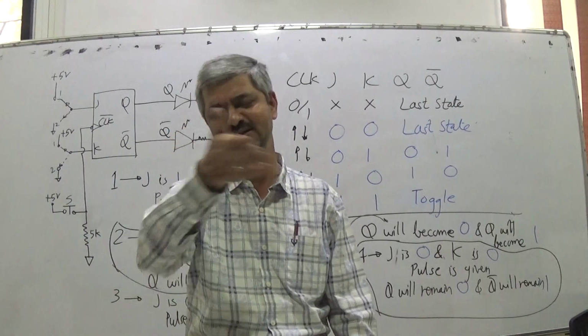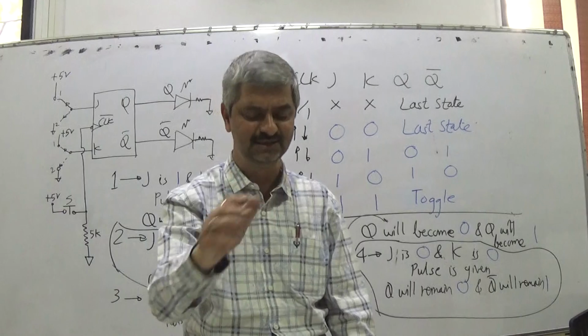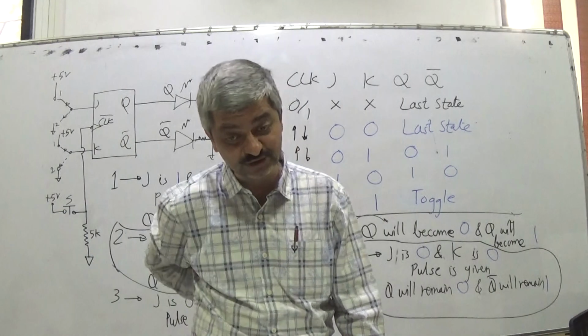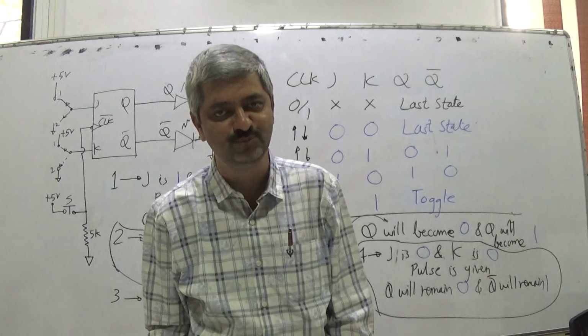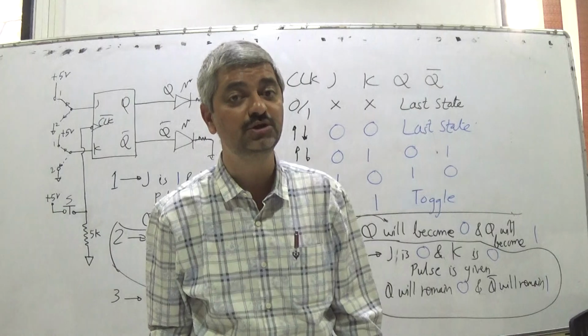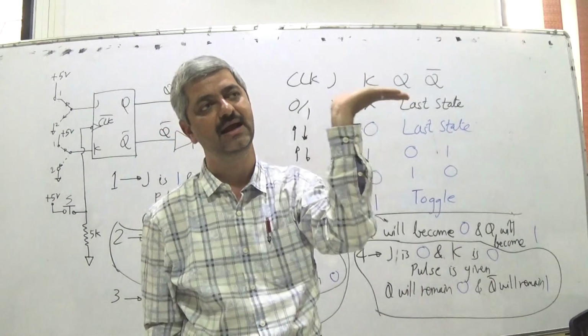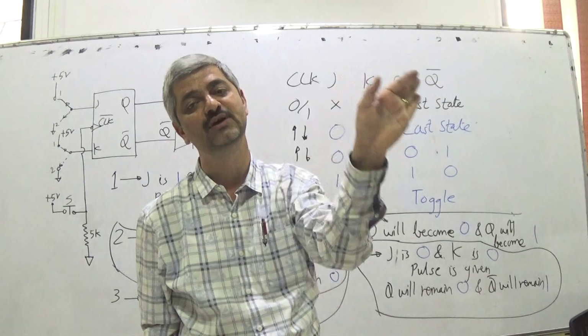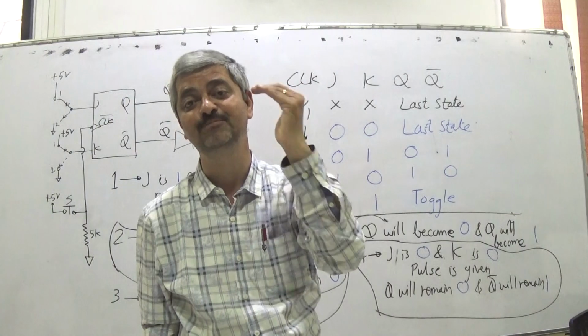J and K, you can give any combination 0 0, 0 1, 1 0, 1 1 in any manner, give pulse, and see what the output would be. So in the 0 0 input state of JK and 1 1 input state of JK, in these two input states, output depends on the previous state, either as it is or inverted. So both outputs are possible.